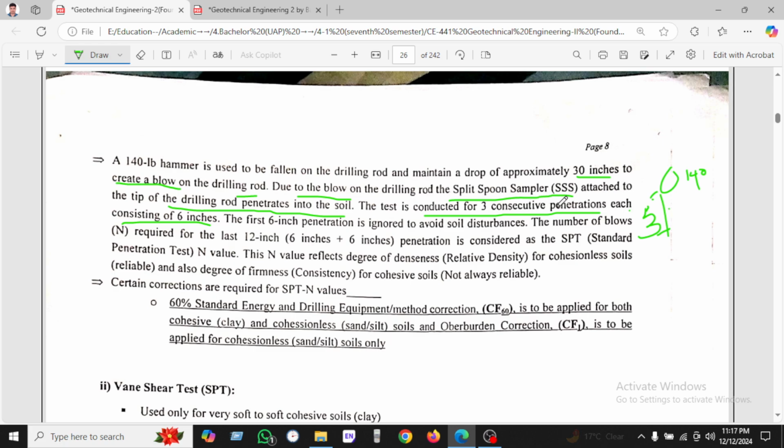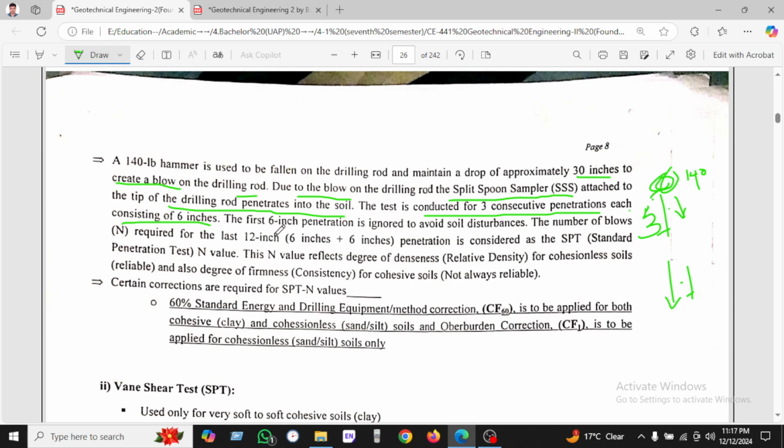This is the split spoon sampler penetrating the soil, and the test is conducted in 3 consecutive drops. That means this weight will fall 3 times. Each penetrates 6 inches. We consider 6 inches only, and the first drop we will not consider.